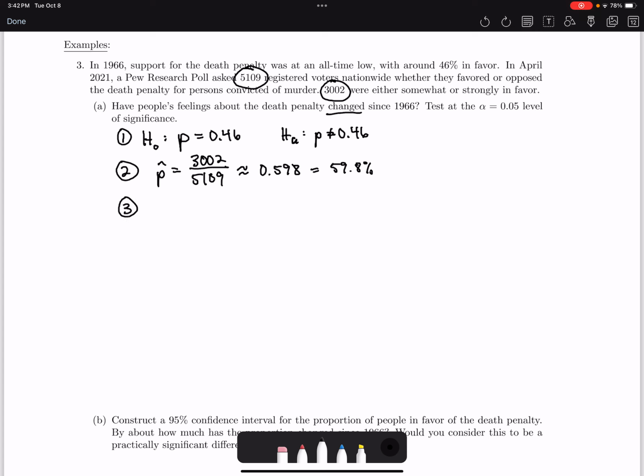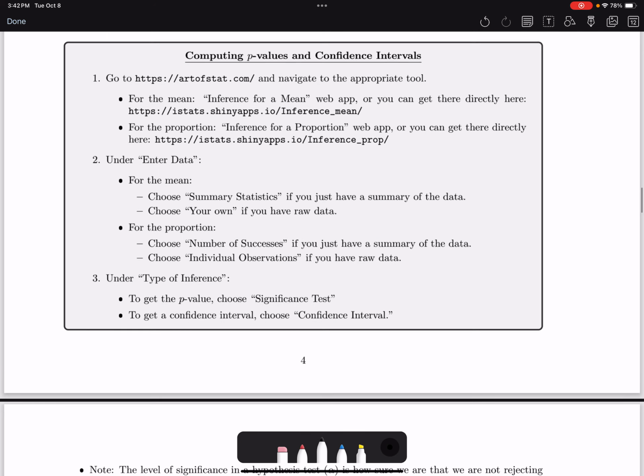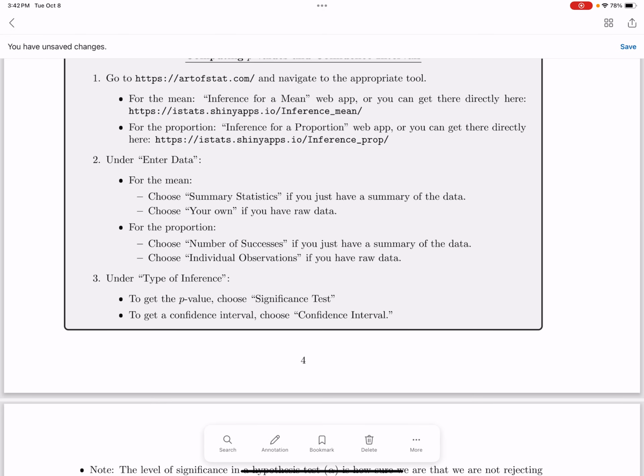So to get the p-value, we're going to go to Art of Stat, and we'll enter in the number of successes, 3,002, and the number of observations, 5,109, and then we'll get the p-value out of this. Let's see what we get. So, Art of Stat, for a proportion, we're going to use this second app.